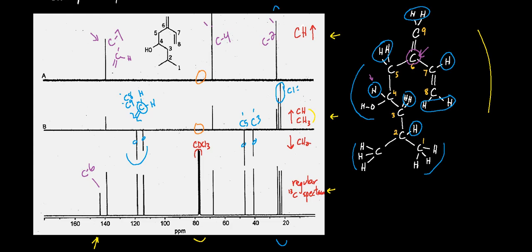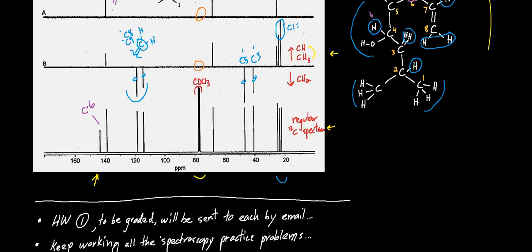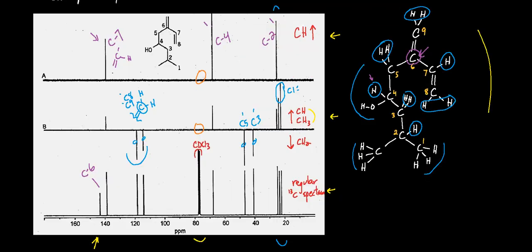And it makes use of the coupling information, the quote-unquote hidden coupling information in carbon NMR. So we're actually going to look at more advanced techniques, this same molecule, ipsenol, and see how those techniques allow us to distinguish everything for sure.